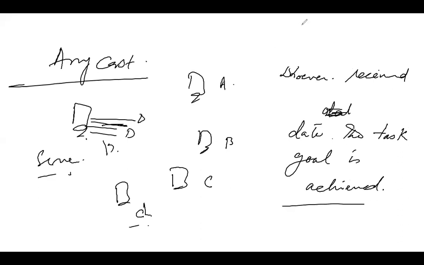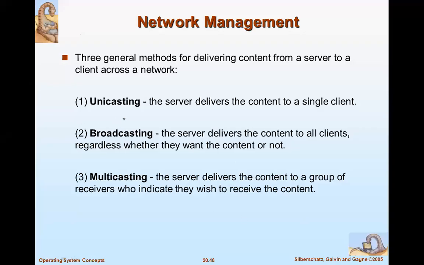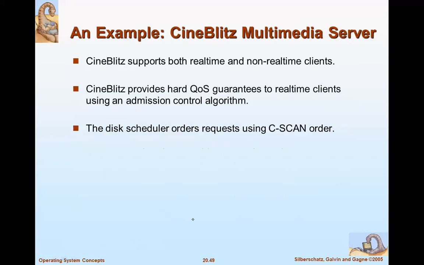So this is a very important parameter that you should know. So you can see the unicast, the broadcast, and the multicast communication. And the multicast communication is with a group of people.